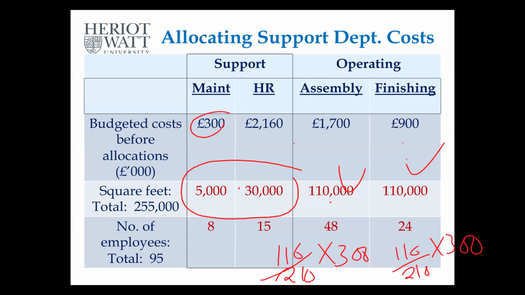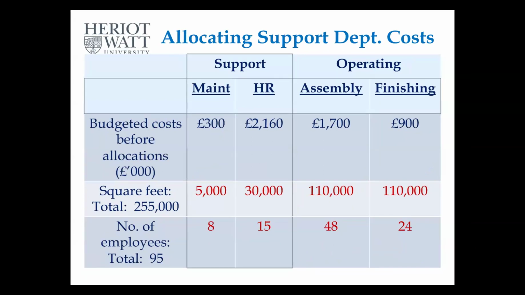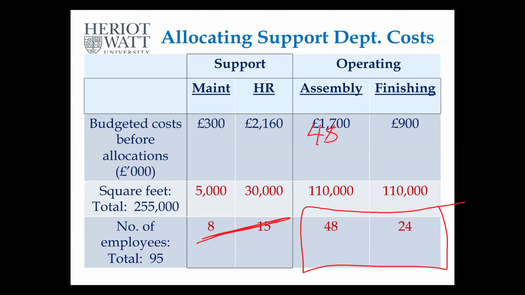Here you are fine with the direct method using maintenance. Now let's share human resource. What would be the basis? The number of employees. Since we are just sharing to the operating departments, you only consider these and ignore the others. So for assembly, it shall be 48 over 72.